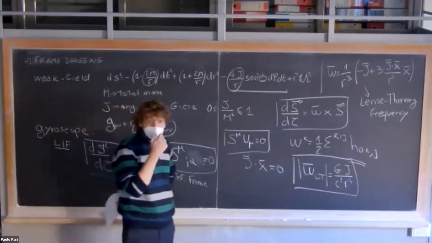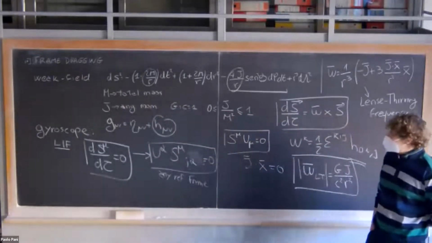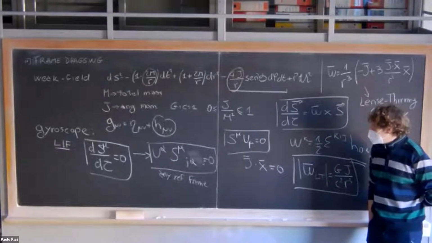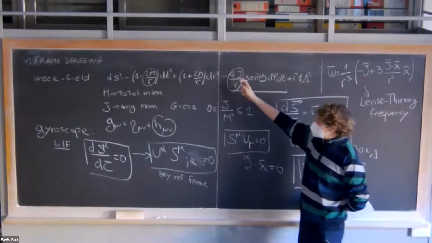This is only part of the story for the precession of a gyroscope, because there is another effect that is purely relativistic. In fact, it does not have to do with the spin of this object.